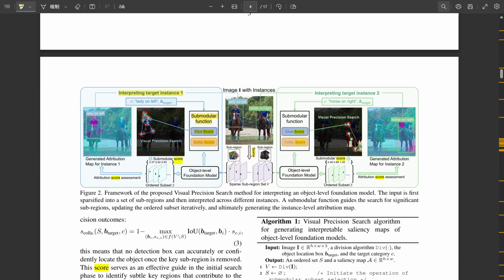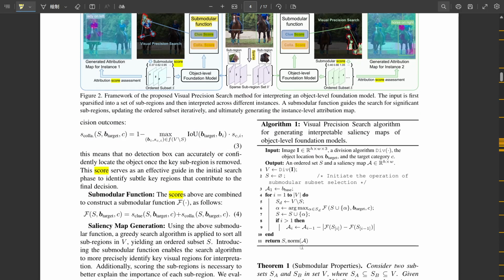Another limitation they note is the quality of the initial sparse division into superpixels. If the superpixel algorithm itself isn't great for a particular image, if it incorrectly groups together regions that have opposite effects on the model's decision within a single subregion, well, that can potentially distort the attribution. The quality of that initial image breakdown matters.